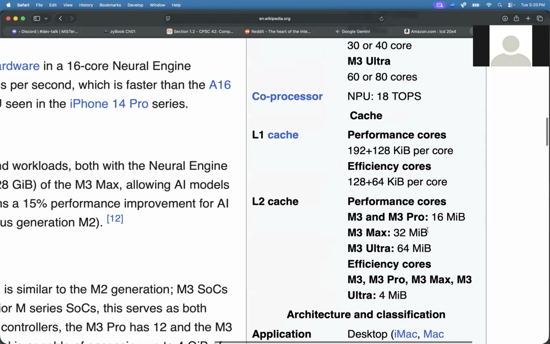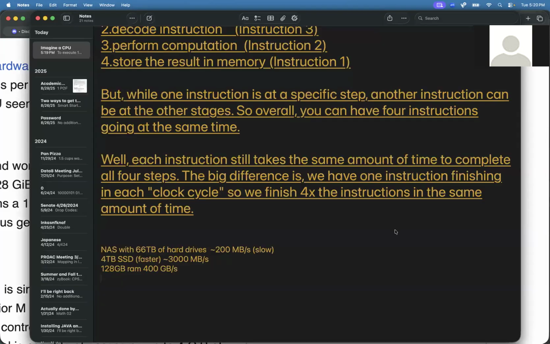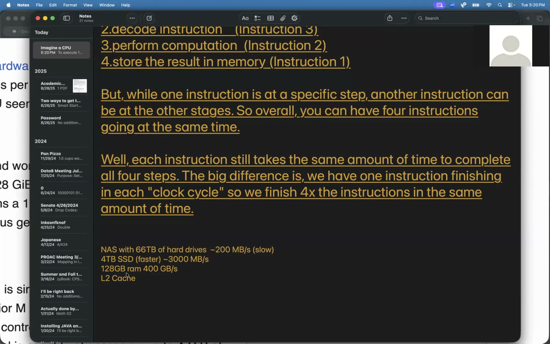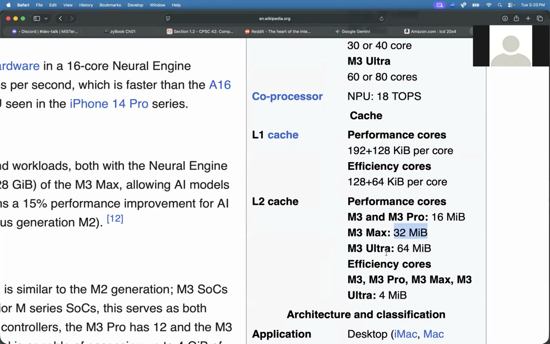Let's just say 32 of the L2 cache. So we have less of it, but it's going to be even faster.